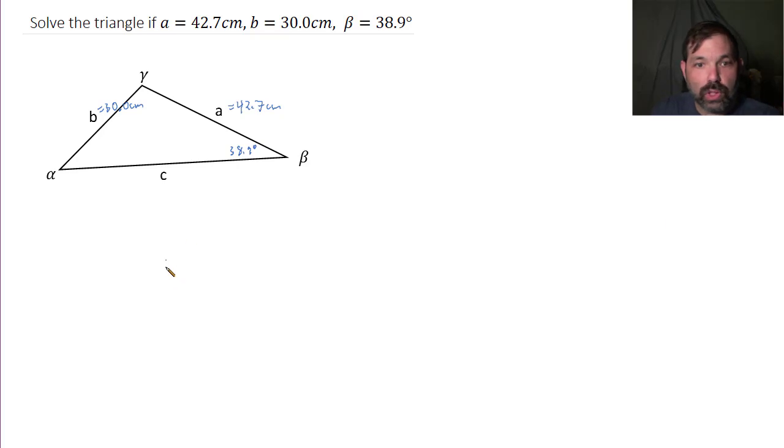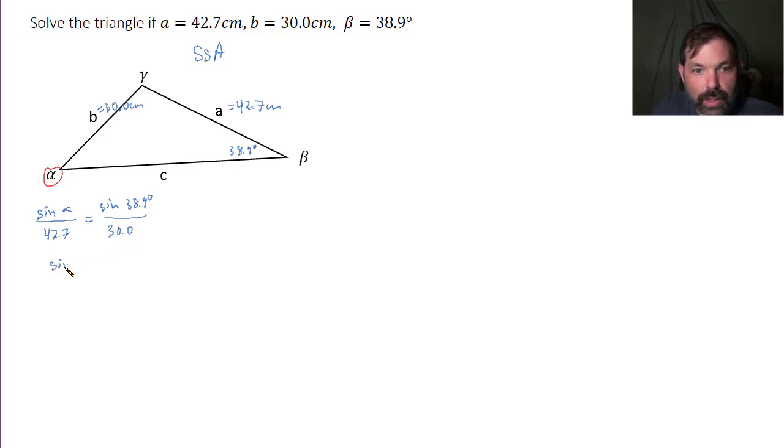Alright, so let's start off same as before. Let me solve for alpha. And again, notice that this is the side-side angle situation. And so we have to be careful in finding that first alpha. We have to remember how the sine function works. Alright, so then sine alpha is to 42.7 as sine 38.9 degrees is to 30.0.